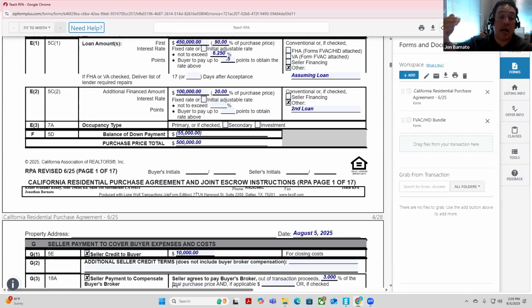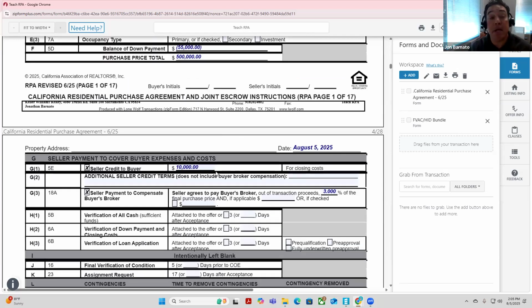So lenders will say, if you're going to make money in less than 5 years by buying down the rate, they're probably going to recommend it. If it's not going to see a benefit till year 9, they probably won't recommend it. Make sense? So it really depends on the lending situation, the rate buy down, and where you are. But it can help. So often this credit can be used for both.